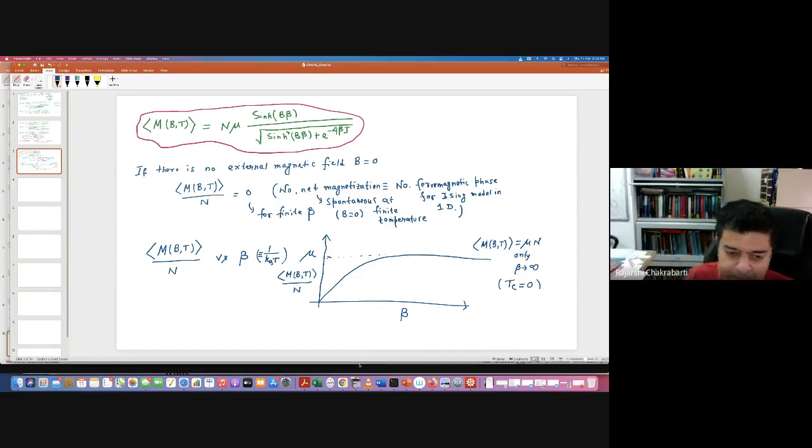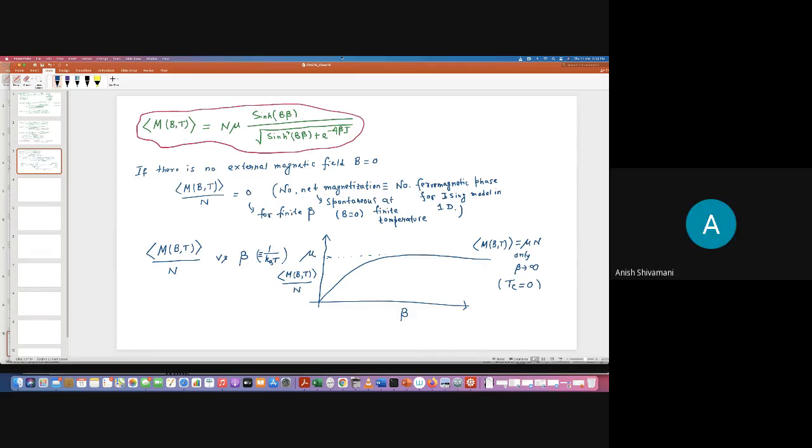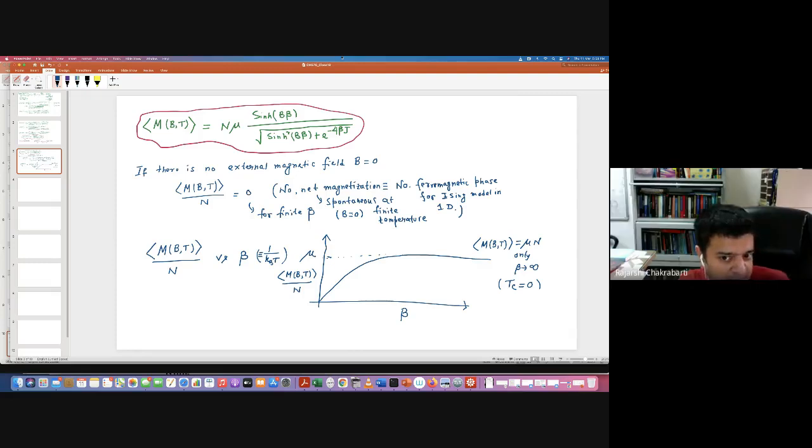Is it clear? So this is not a true phase transition. A true phase transition is such that at some finite temperature the change happens. You go from a paramagnetic to a ferromagnetic phase. What is the paramagnetic phase? What will be the average magnetization for a paramagnetic phase? Zero, in the absence of magnetic field.